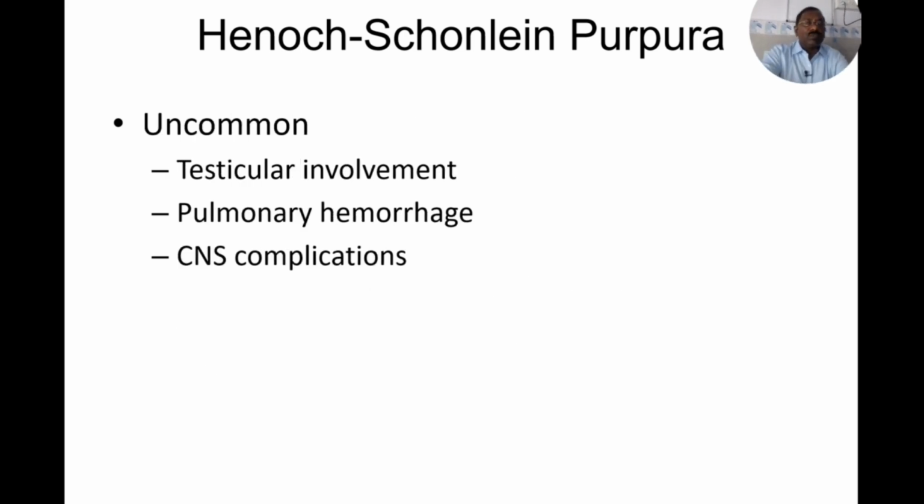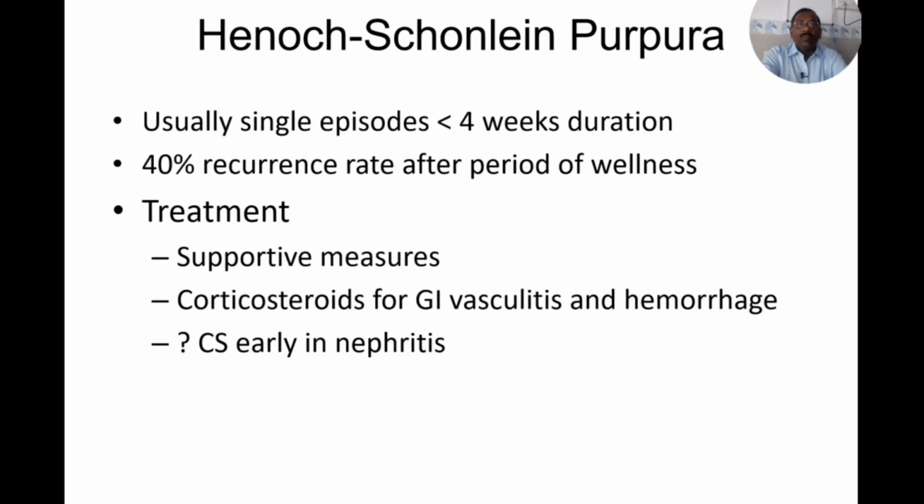Uncommon in HSP are testicular involvement, pulmonary hemorrhage, and CNS complications. Usually a single episode of less than 4 weeks duration, with a 40% recurrence rate after a period of wellness.